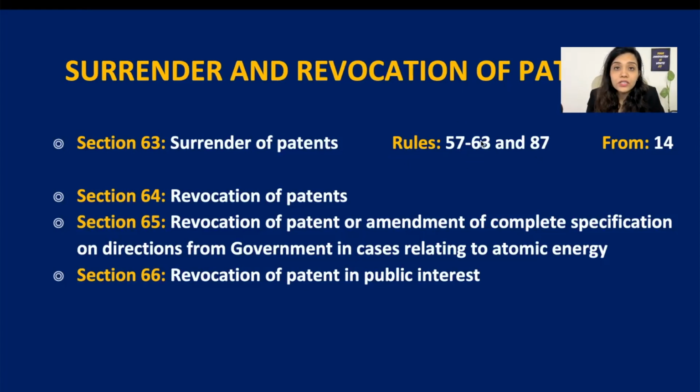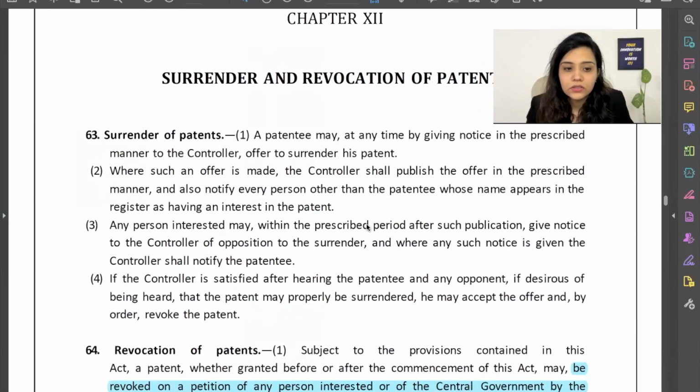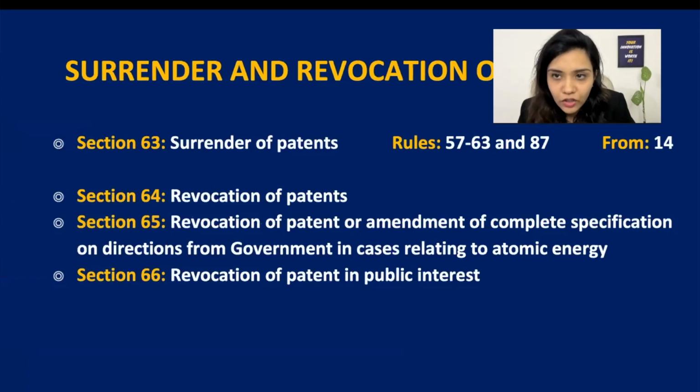These rules are the same that we studied during the opposition process. So I'm not repeating them again, but if anybody opposes the surrender of patents, the same process is followed.